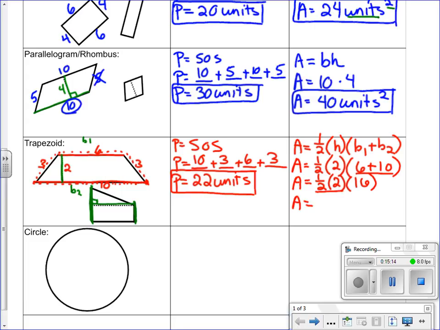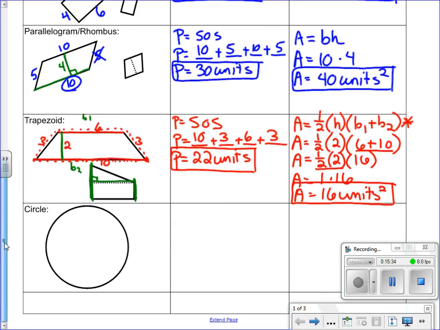So area is equal to 1 times 16, which means that area is equal to 16 units squared. And this is what we're talking about right here. So again, make sure that you are memorizing all the formulas, of course, but make sure you're paying particularly close attention to memorizing the formula for that one.